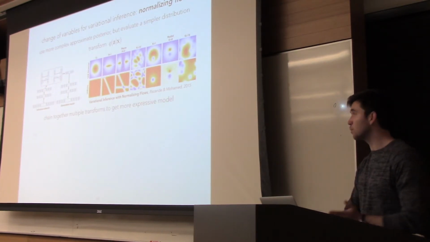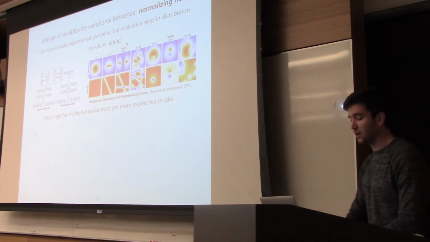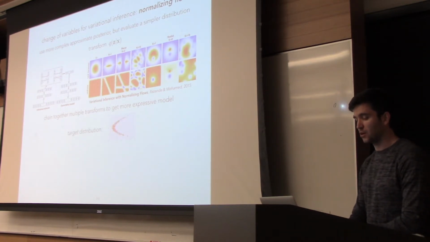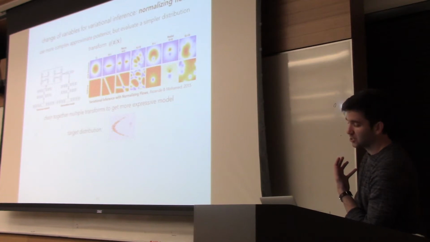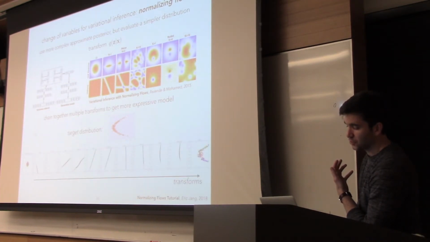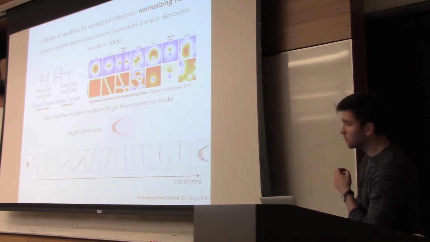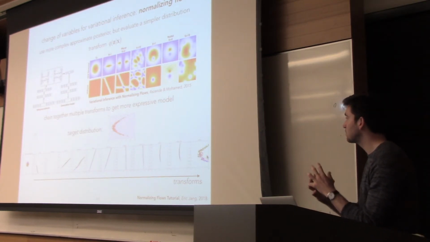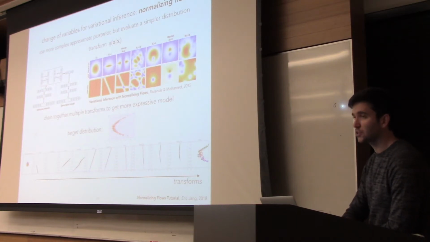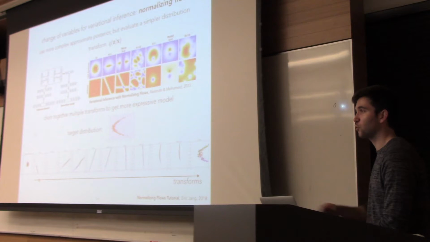And you can chain multiple of these transformations together, as you can see here, where you can take some very simple distribution, this Gaussian distribution, and shape it in a bunch of ways, again, all using neural networks, to eventually mold this space into this target data distribution that we're trying to get to. So you're using multiple transforms chained together.